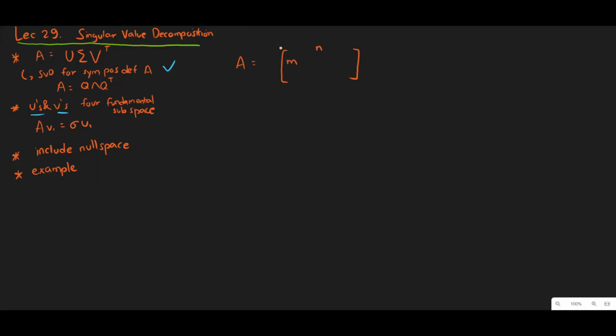And let's define U to be the orthogonal basis for the column space, while V here is the orthogonal basis for the row space.